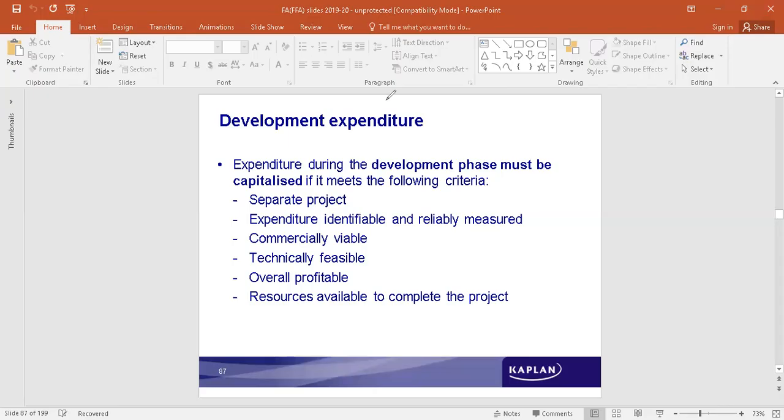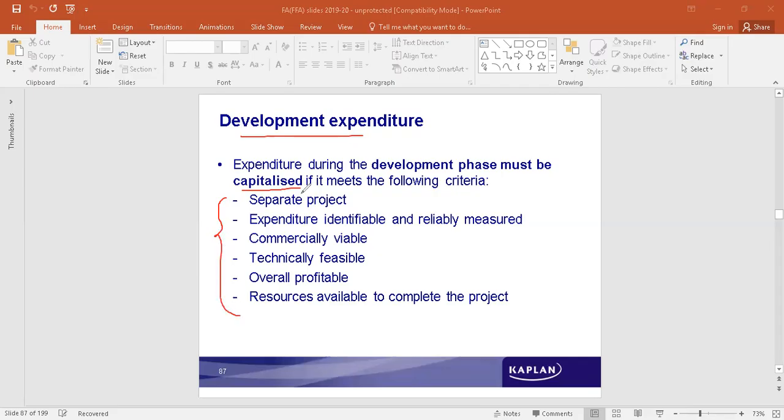Development expenditure: how to decide whether it is considered development expenditure so that it can be capitalized and the amount recorded on the asset side? It should meet the following criteria. The expenditure is incurred on a separate project.